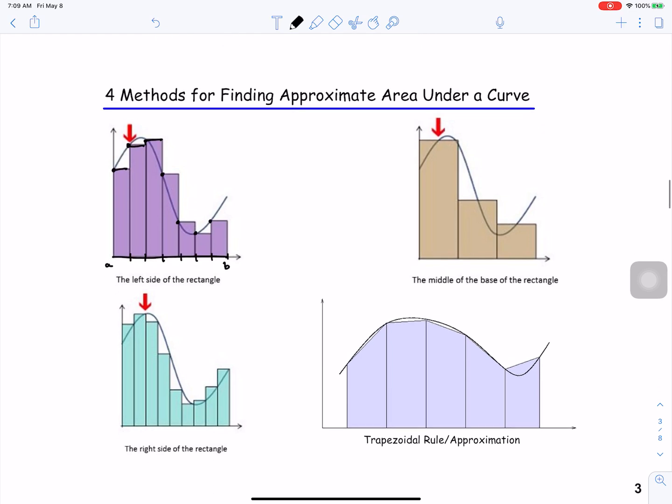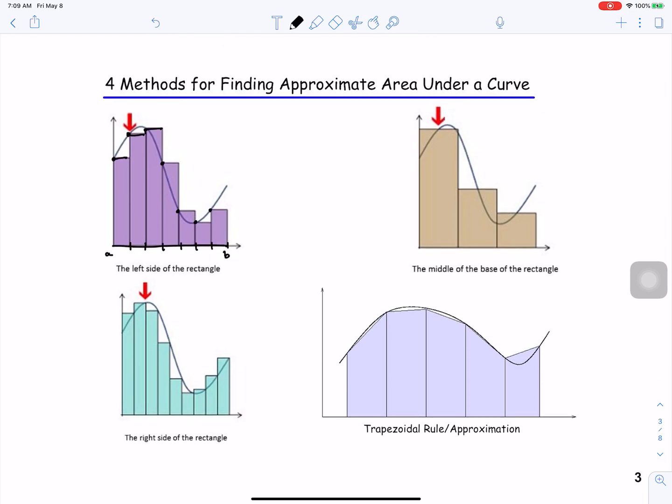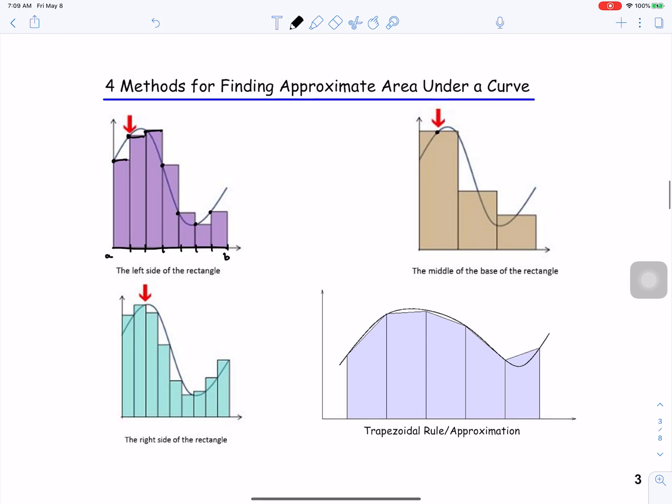I could use an approximation by using the middle of each rectangle to form the height of the rectangle. So if I look at the middle of each interval, in this case I only broke it up into 3 subintervals, but the height of that rectangle is based on the midpoint. So that would be called our midpoint approximation.